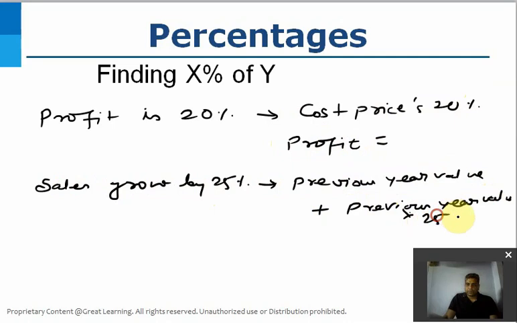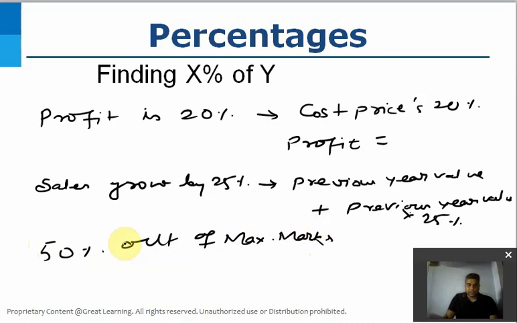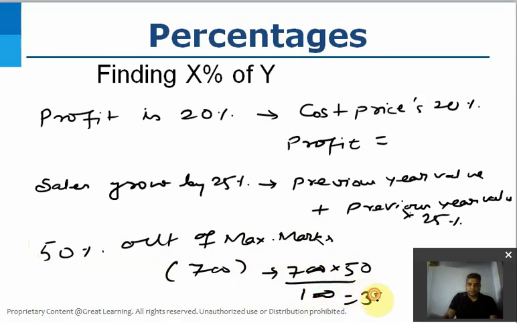Or suppose you got 50% marks out of the maximum marks, right? And I know that my maximum marks is 700, so I can find 700 into 50%. When we convert 50% to 50 by 100, 350 will be the total marks which we have got.